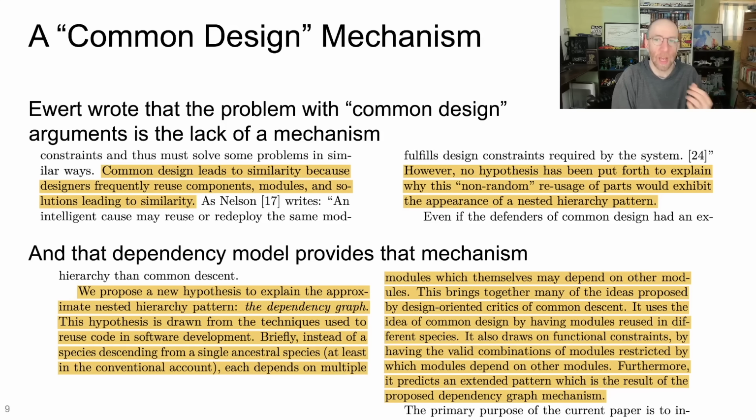So that mechanism of design explains the hierarchical pattern, but you can also have modules like echolocation or marine mammals that are employed in separate lineages that explain the non-hierarchical parts of the pattern as well, right? So that's what Ewert is proposing to add to this conversation here.